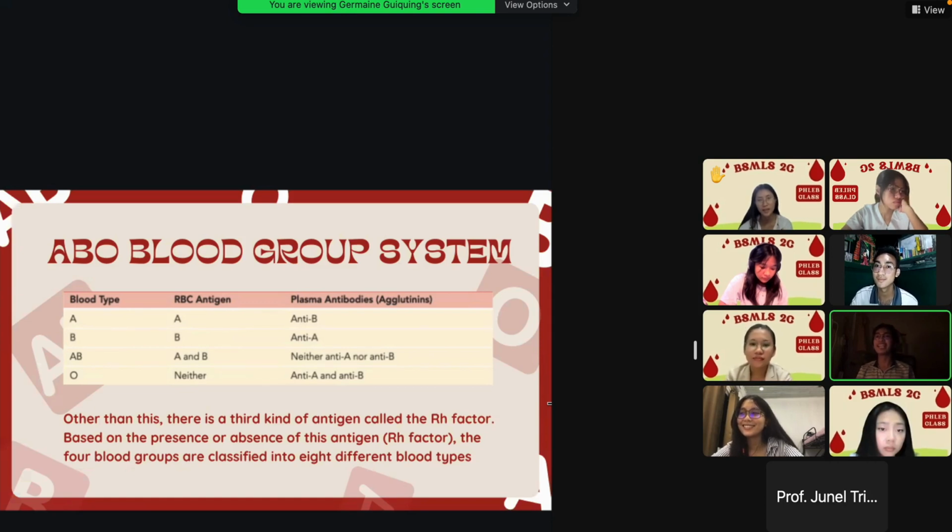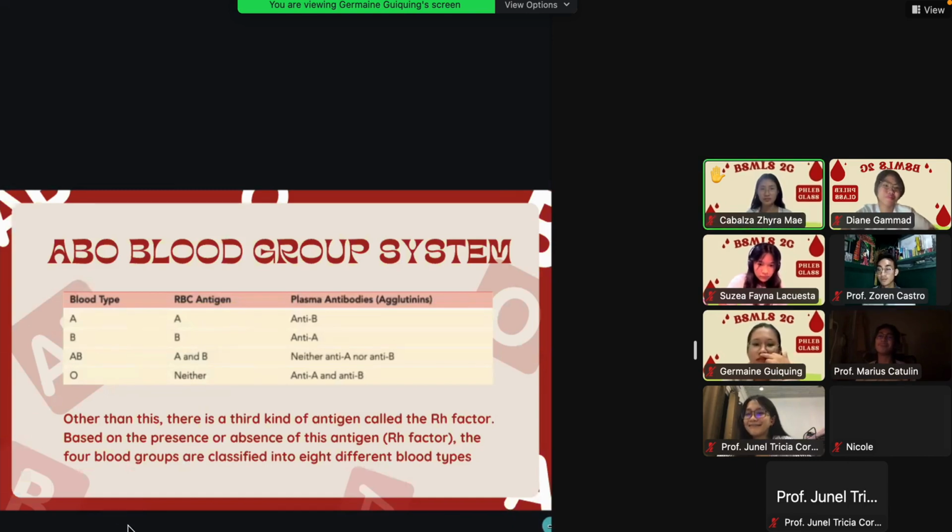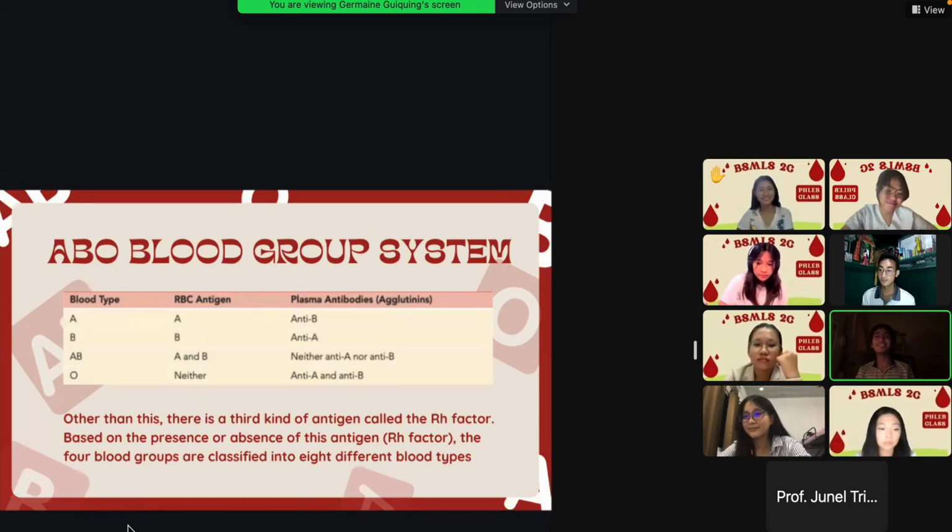So neither anti-A nor anti-B ang present sa kanya. And lastly, we have type O blood, neither antigen present, and antibodies anti-A and anti-B. So kung ang type AB natin ay ang ating universal recipient, ang type O natin ay ang ating universal donor. Tama, donor.